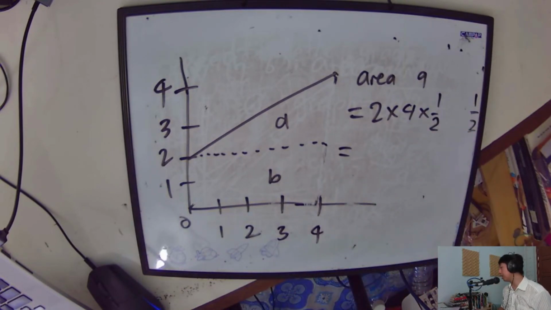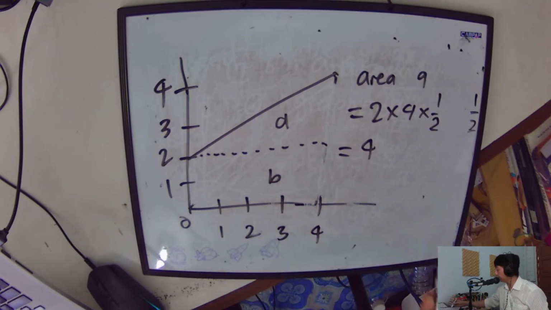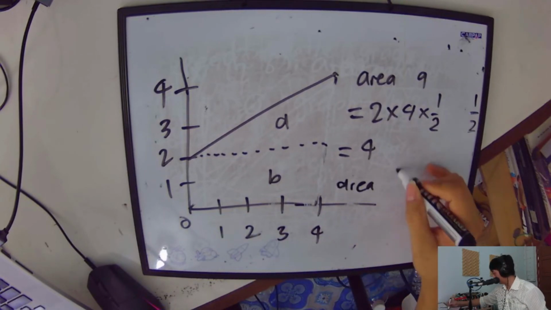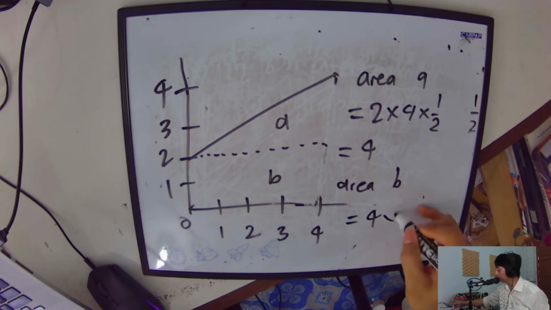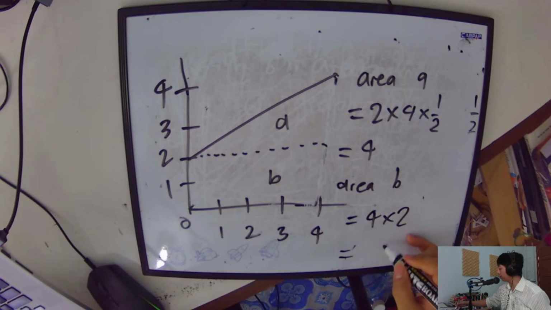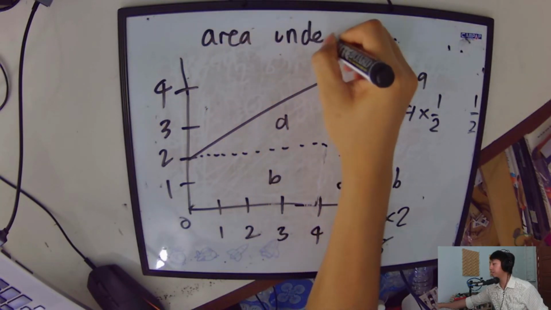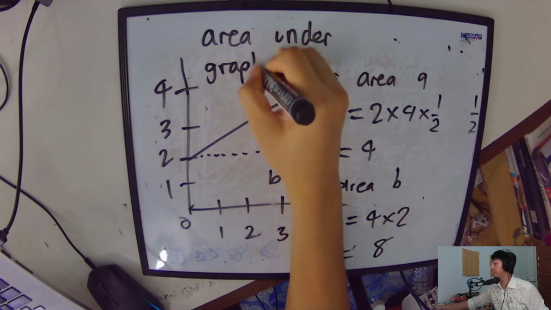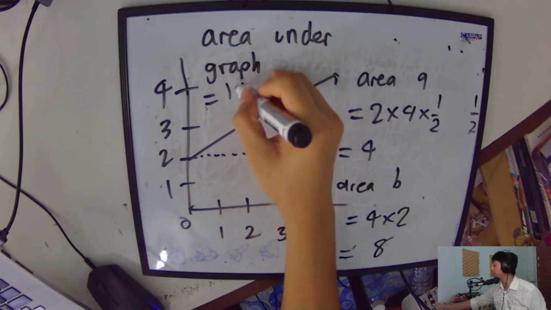So 2 times 4 equals 8. 8 divided by 2 is 4. And then area B equals 4 times 2. And so you get a total of 8. So area under graph equals, apa salah tu? Area under graph equals 4 plus 8 equals 12.